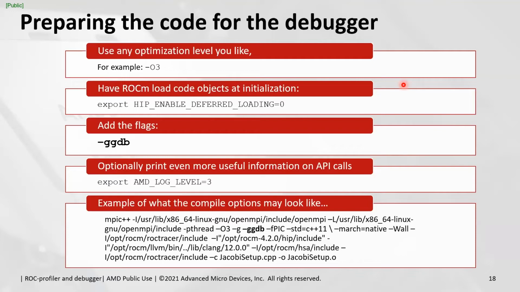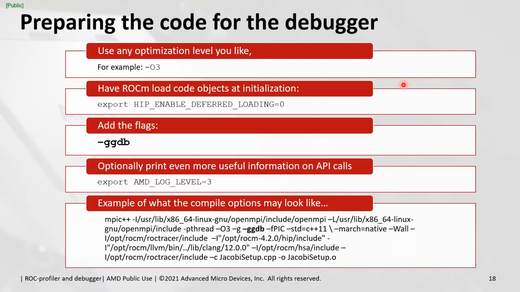To prepare your code for the debugger, you need to take a few key steps specifically on AMD devices. One thing is that you can use any optimization level when compiling the code, so you can use O3 for all I care.